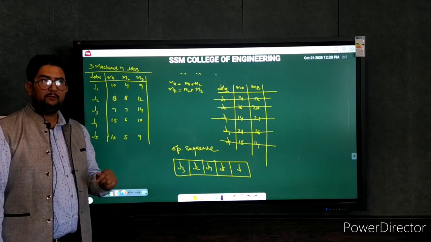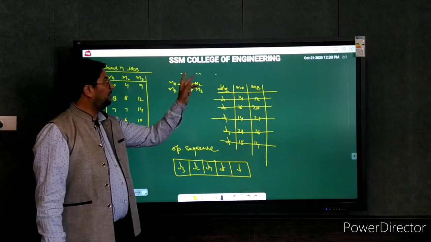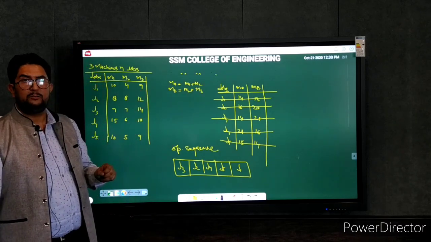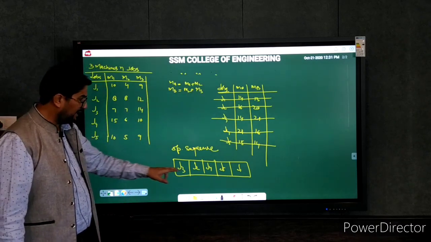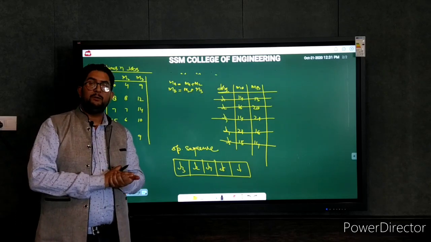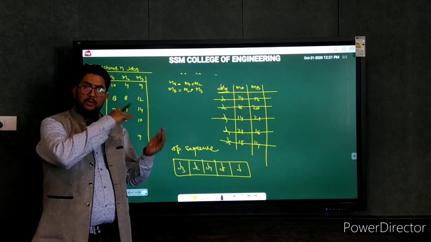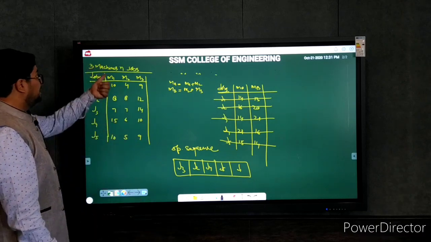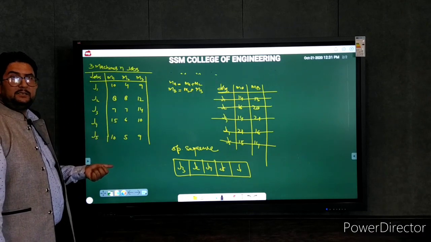But of course, you'll have to understand this. We did all this, machine A equal to machine 1 plus machine 2, just to arrive at the optimal sequence. Now once we have found our optimal sequence, we'll have to go back to our original question, that is, we have 3 machines. Done.